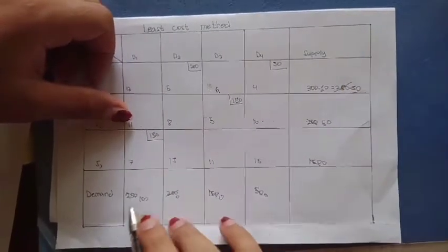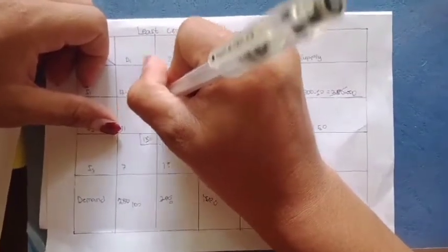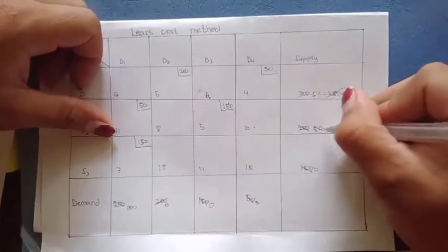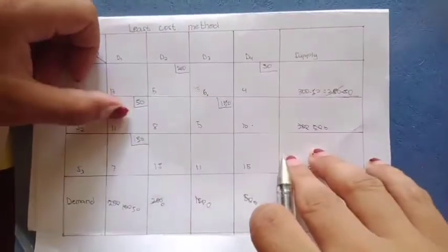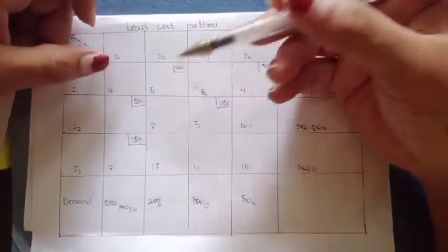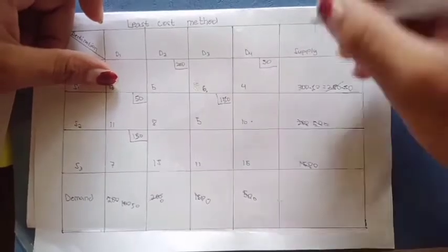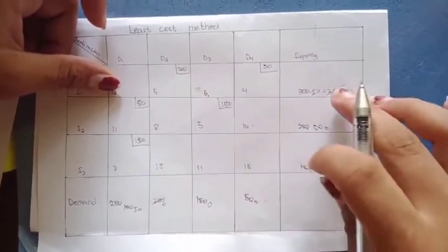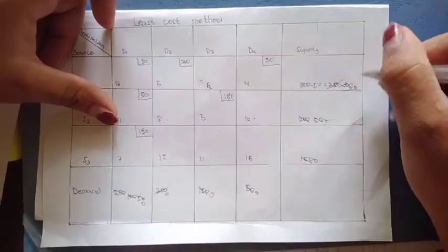So 11, we have the demand of 100 and a supply of 50, so we need to allocate 50 here, then this will become 0 and this will become 50. Next is 12, so we have 50 supply and 50 in the demand, so we need to allocate 50 here, so it will become 0 and 0.